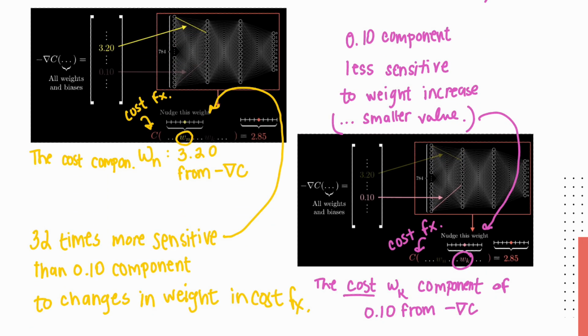So these components, as weights and biases, tell us how we need to change things in order for the cost to decrease. For example, if we have a component inside of the negative gradient vector that is a 3.2, multiplying it by something is obviously going to increase that thing we're multiplying it by more than 0.1 on the right hand side in pink.